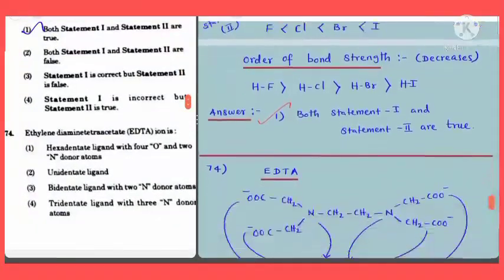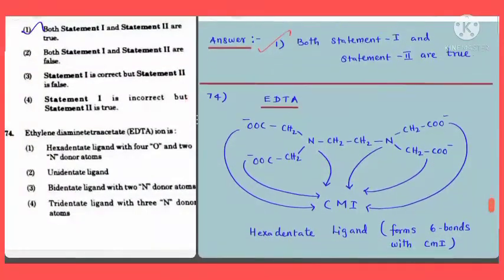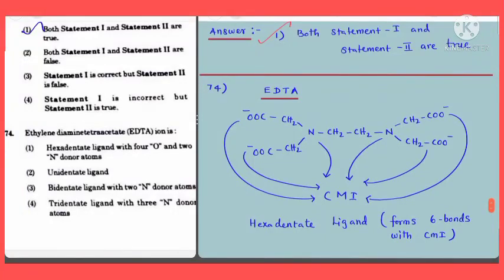Last question, question number 74 in this part. Ethylenediaminetetraacetate, EDTA. EDTA is an important ligand, an electron donor species. Which one is correct about EDTA?